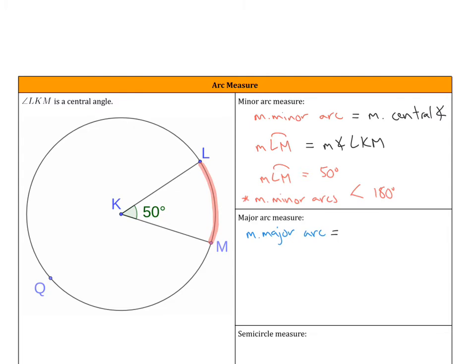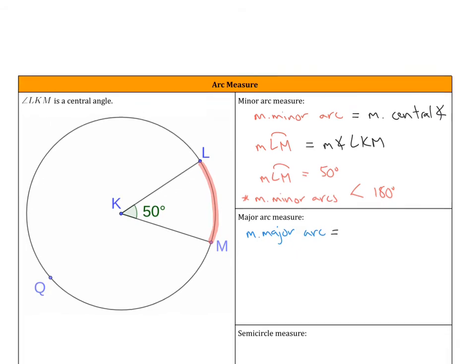Now, to find the measure of the major arc, here's something that we actually have to know. When we have a circle, if we were to rotate from point L and go around the circle and come back to point L, this is a full rotation or going around in one circle. That is 360 degrees.